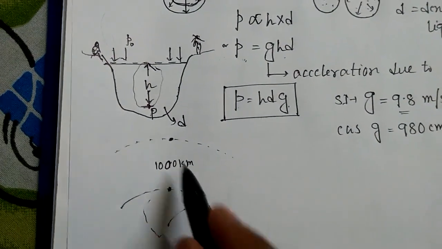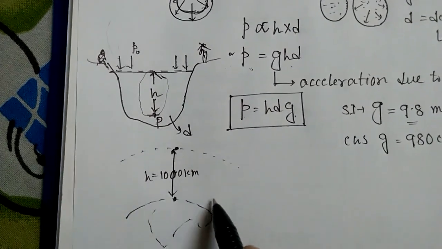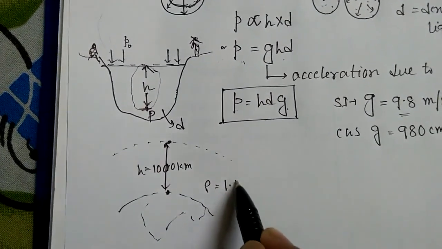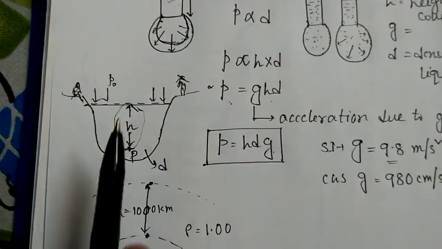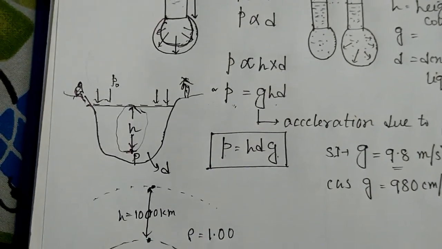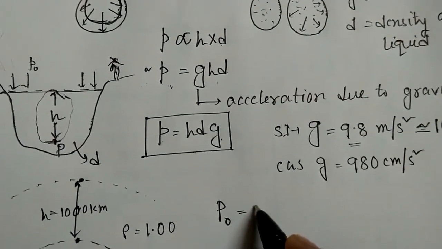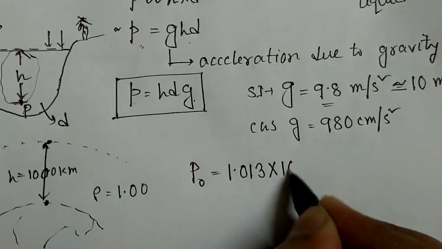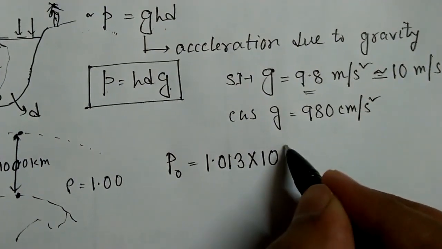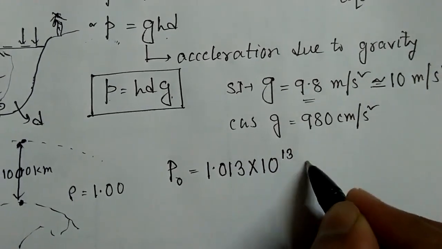This is very simple. This is at H, take the density rho as 1.00 something, that is in your book, and G is given, so you can easily calculate the pressure, and you will find the atmospheric pressure P naught is equal to 1.013 into 10 to the power, sorry, 10 to the power 5 Pascal.